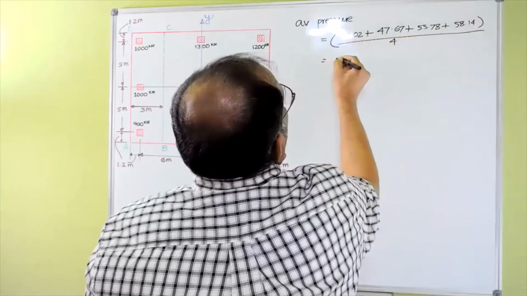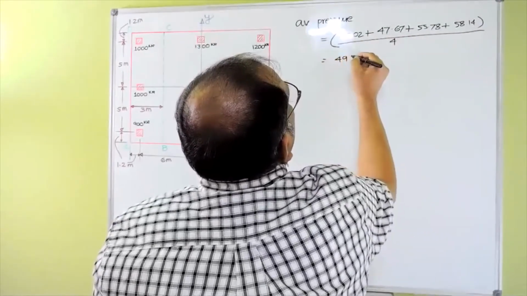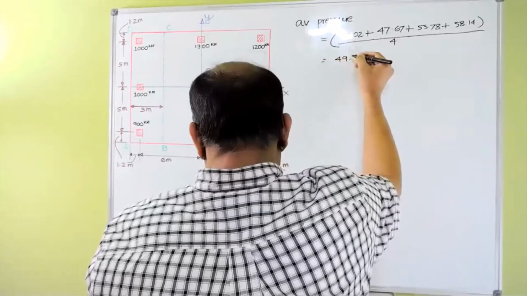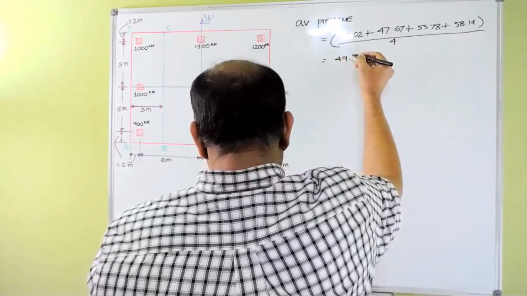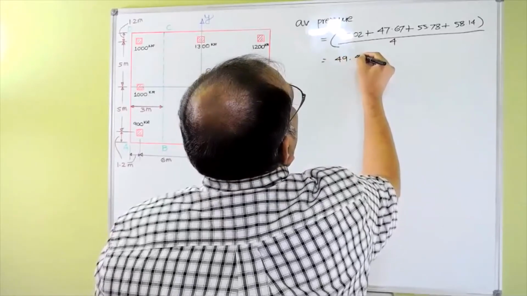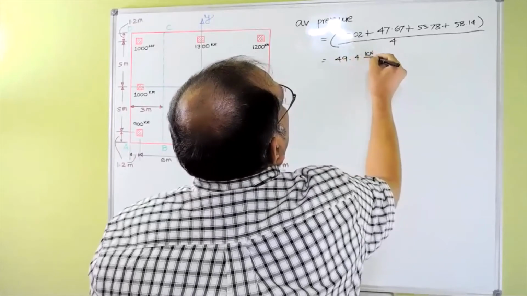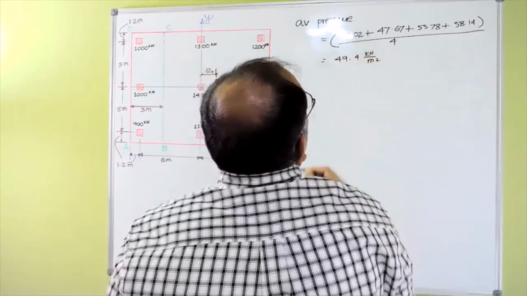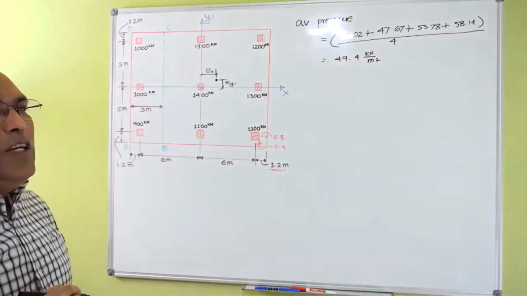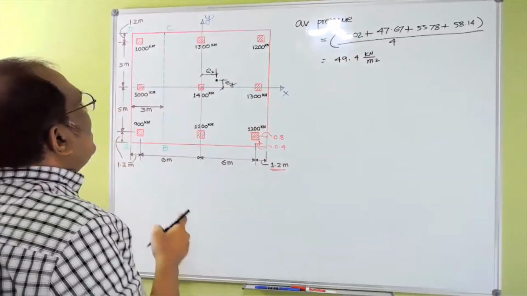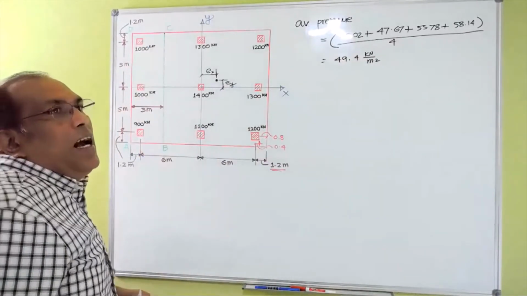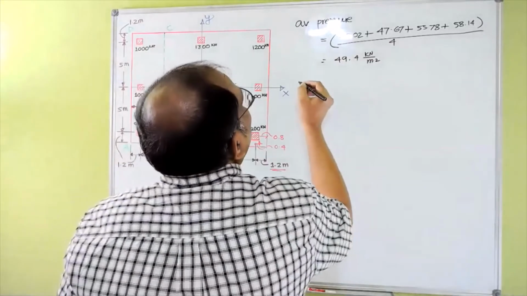That's basically 49.4 kilonewton per meter square. If I multiply by the area, I will find the total reaction.